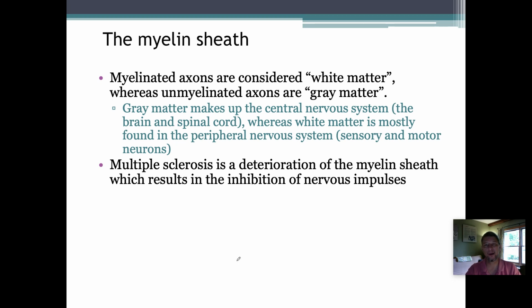And when the myelin deteriorates, it actually inhibits the impulse from traveling down the length of the axon. And so that gives folks with multiple sclerosis a really difficult time, especially with motor output, moving and controlling the skeletal muscles on their body and allowing them to move.